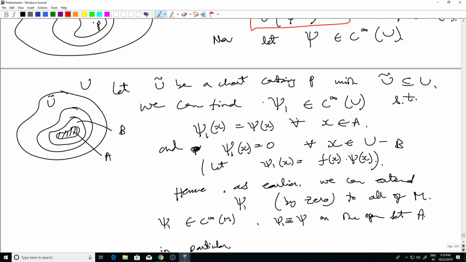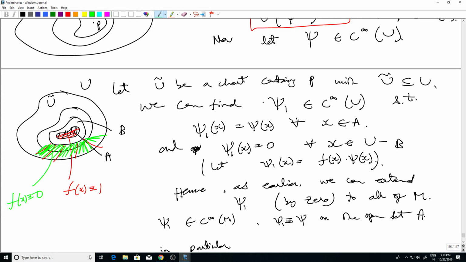Recall that f of x was a C infinity function on all of M such that on this portion, in A, f of x is identically 1, and outside B, f of x is identically 0.